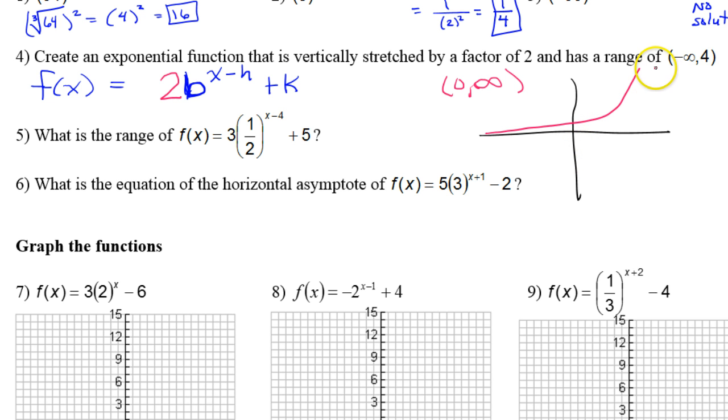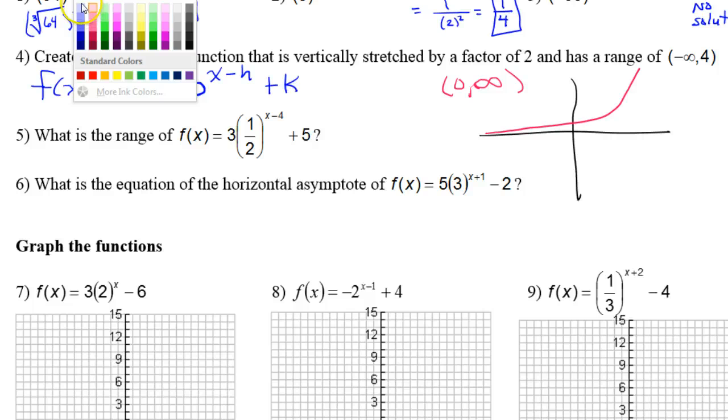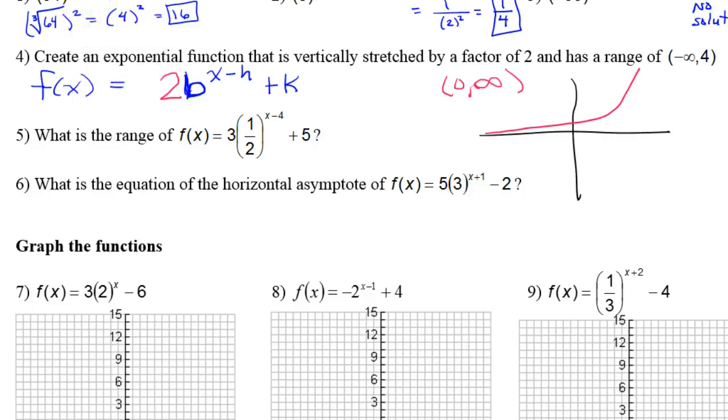Now, for starters, I see that this has a negative infinity. That means somehow it has to come up from below. It has to be negative infinity. So that tells me that I am dealing with a reflection over the x-axis.